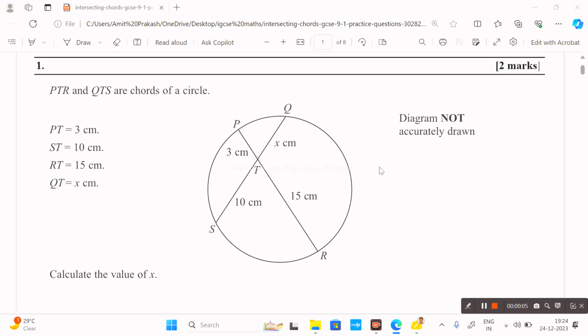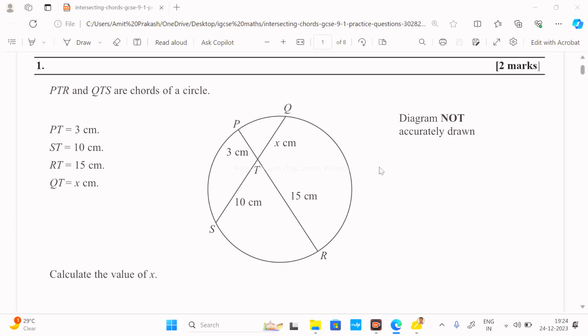We are going to discuss intersecting chords in a circle. The intersecting chords theorem, also known as the chord theorem, states the relationship between the four line segments formed by two intersecting chords within a circle or outside the circle.